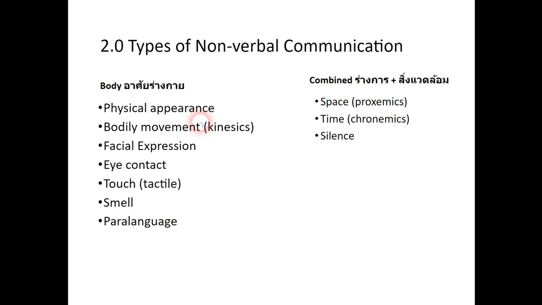These are the nonverbal communication relying on the use of our bodies. There are also the combination between the body and the environment, like proxemics, which means space, and chronemics, which means time, and also silence. So these are the types of nonverbal communication.